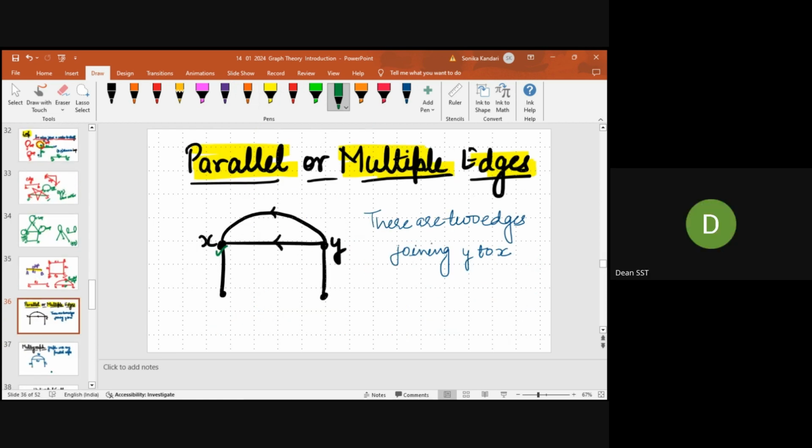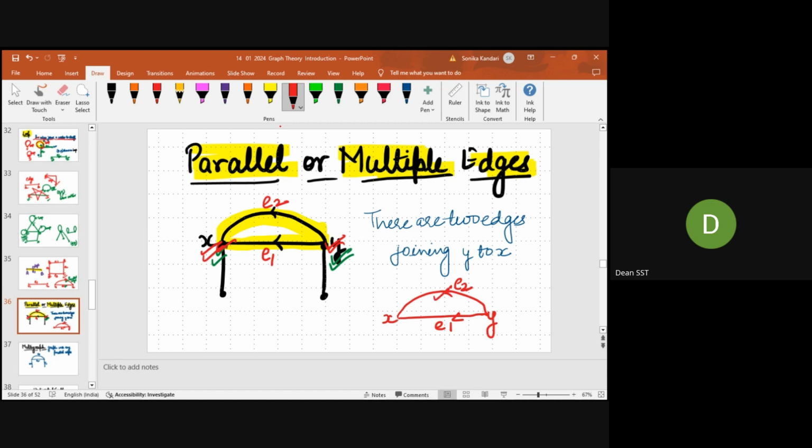Okay. Here we have vertices X and Y, and this is one edge, E1, which is joining X and Y, and we have another edge, E2, which is also joining X and Y. So for joining X and Y, we have one edge, E1, and another edge, E2.